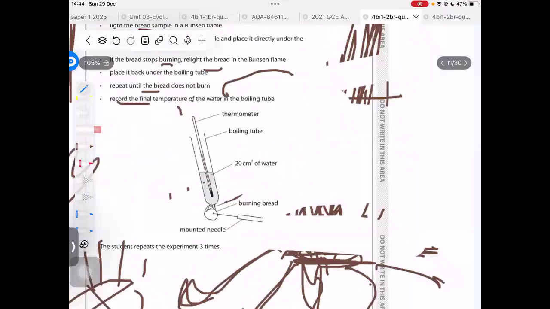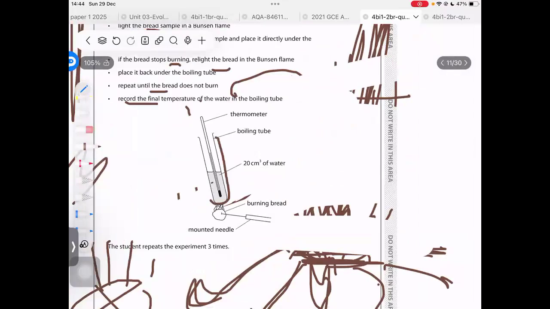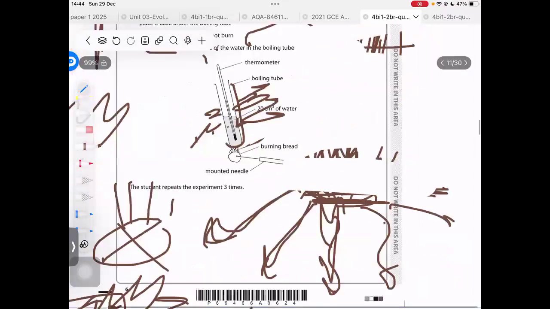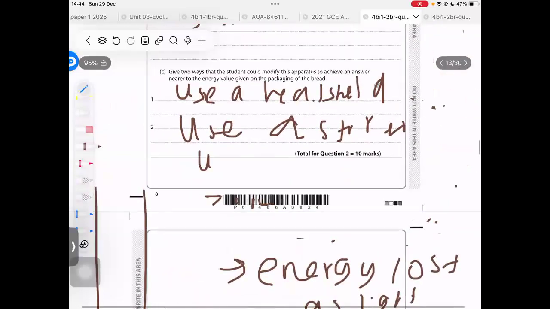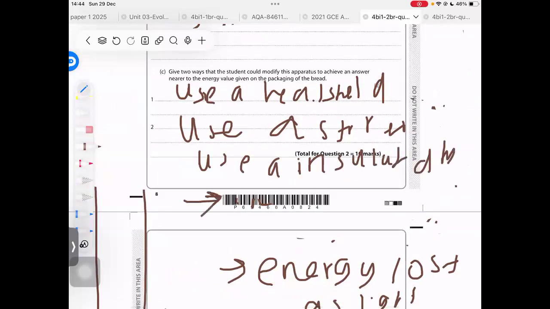Because when this tube gets very hot, not all the heat is used to increase the temperature of the water. Some of the heat gets radiated from the tube surface. So you can say use an insulated tube. Or else you can use a lid.